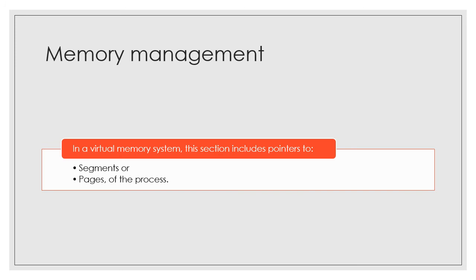So process pages or segments are constantly being brought in and copied out of the RAM. This can only happen if we know the locations of all the pages or segments. So this section keeps their pointers.